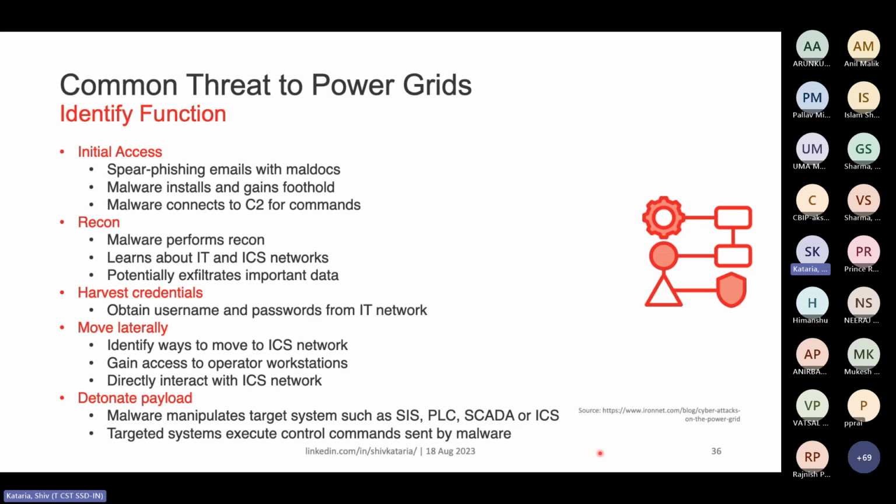So let's say I am working as a general manager in the power sector, and then the malicious actor wants to send a spear phishing email. So he would go to LinkedIn and understand my profile and check what kind of interests I hold.